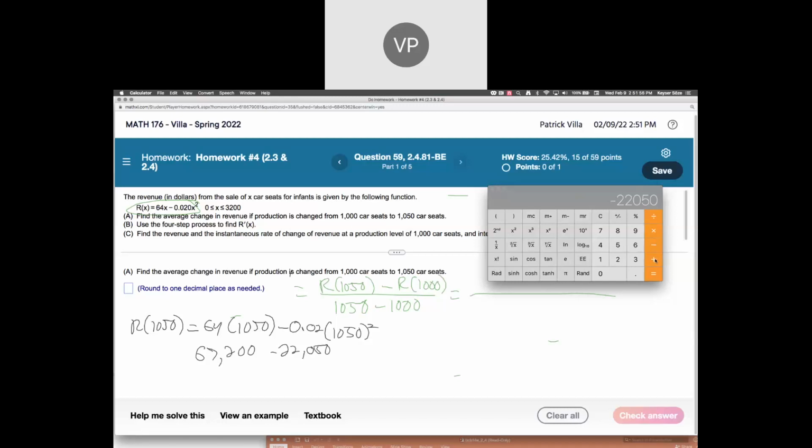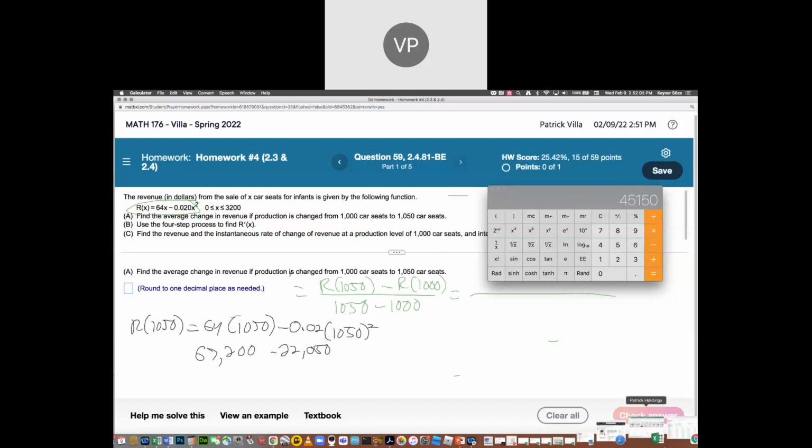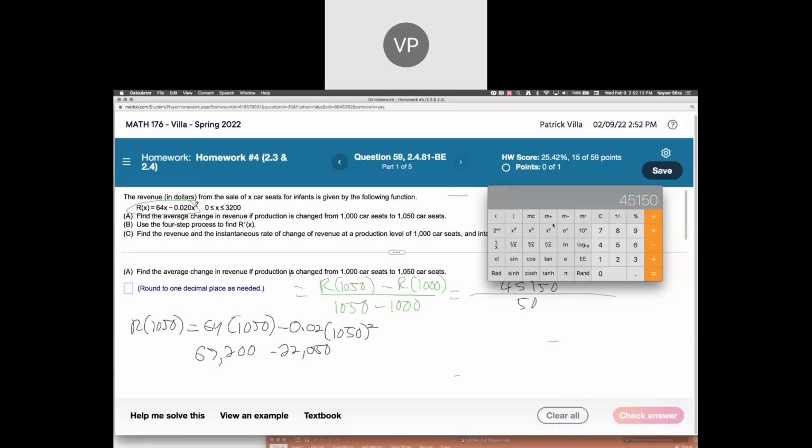So I'm going to make that a subtraction and add the 67.2. And that gives me a 45,150. Yeah, that's right. And on the bottom, of course, it's just 50. I don't need a calculator for that. So I'm just going to take that number, divide it by 50, and I get 903.